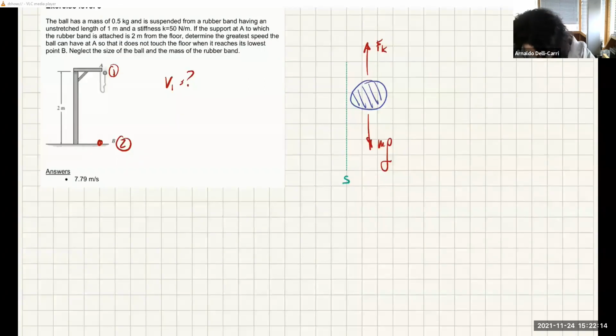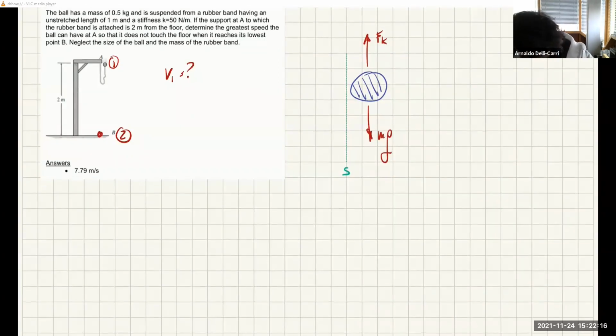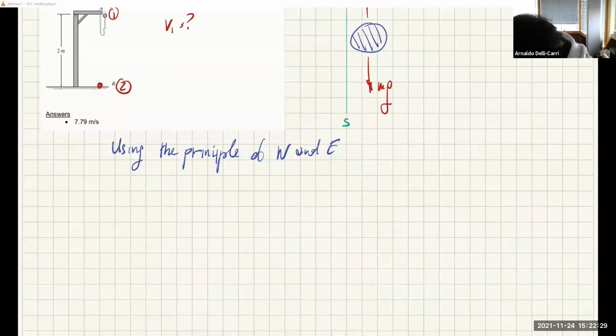All right, so let's apply the principle of work and energy. Let's do this properly. So T1 plus the U of the weight between 1 and 2 plus the U of the spring force between 1 and 2 equals T2.